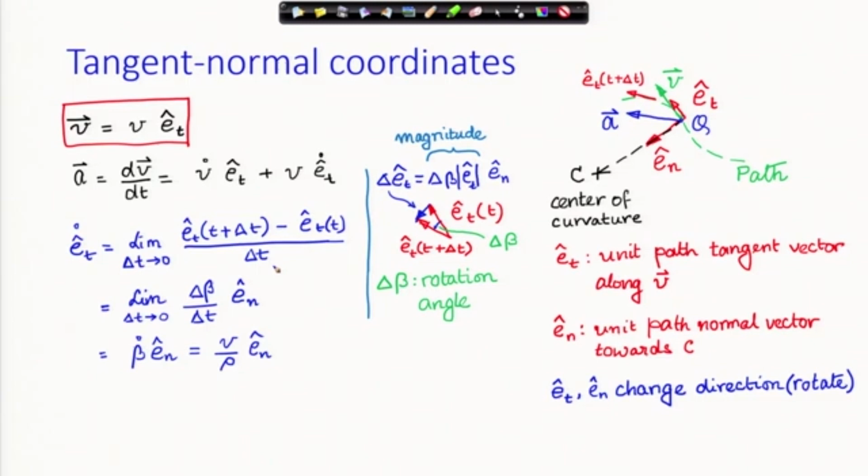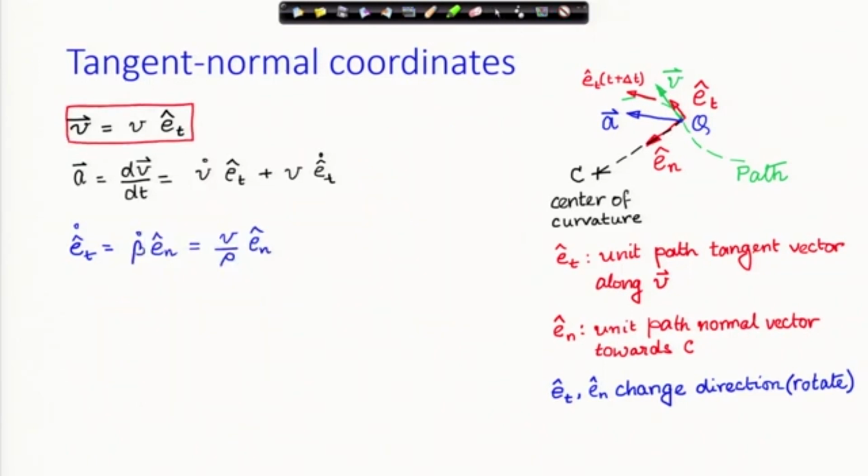So, that is E t dot, and finally, in the limit delta t goes to 0, this becomes beta dot, and remember beta dot was v over rho, the speed over the radius of curvature. Therefore, E t dot is nothing but beta dot times E n cap, and that is equal to v by rho E n cap.